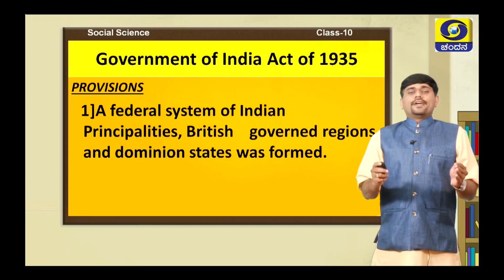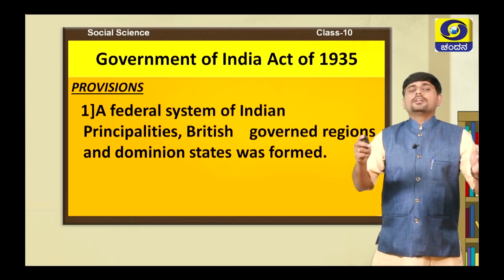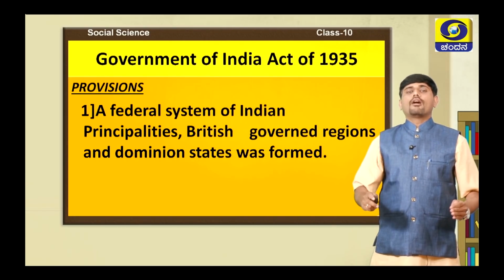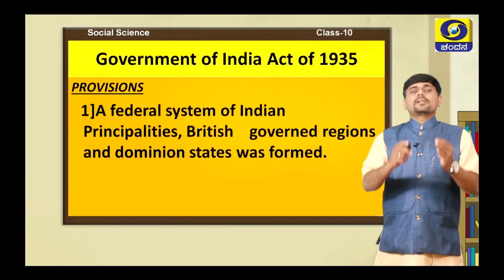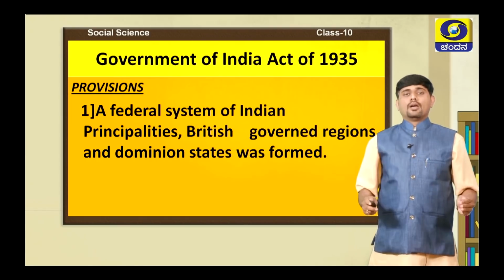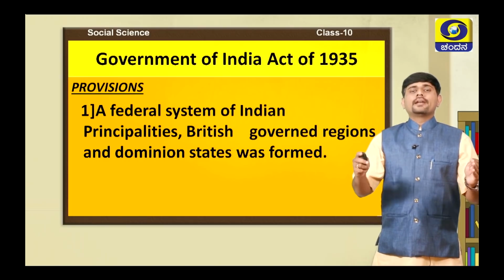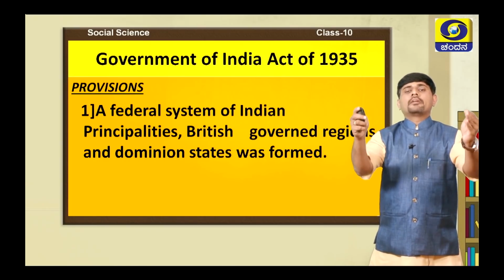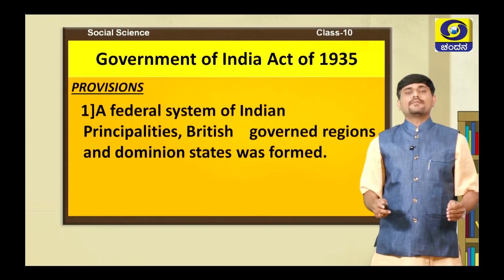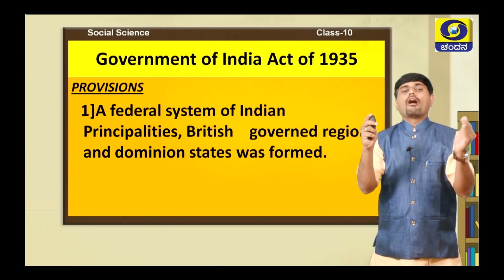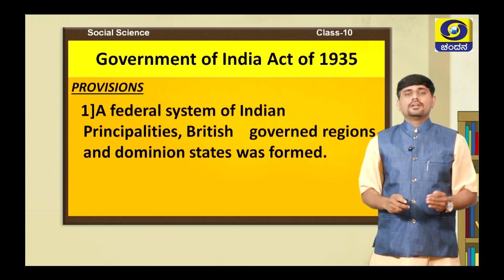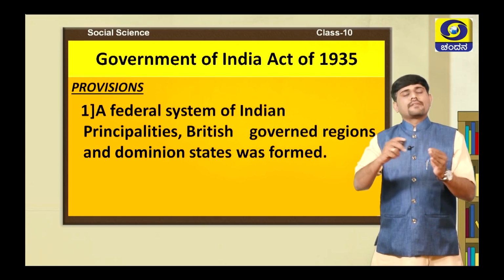After that, we have one of the important constitutional reforms of India, which is also known as the base of the Indian Constitution. Most of the provisions of the Indian Constitution are based on the Government of India Act 1935. The creation of the Government of India Act 1935 was based on several measures.